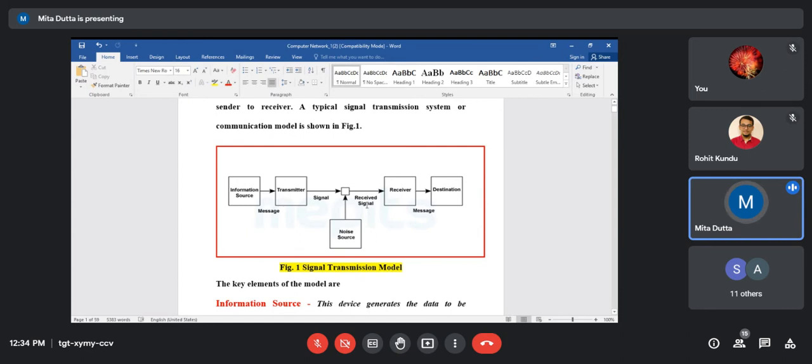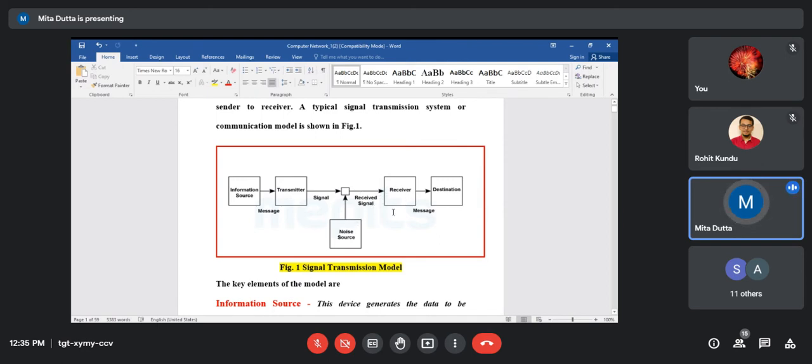Now, this signal is known as the transmitted signal, and this is a channel. When the transmitted signal is sent through a channel, noise will be incorporated here, and the received signal is mixed up with noise.